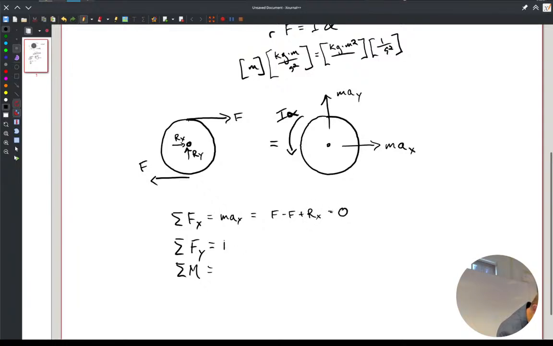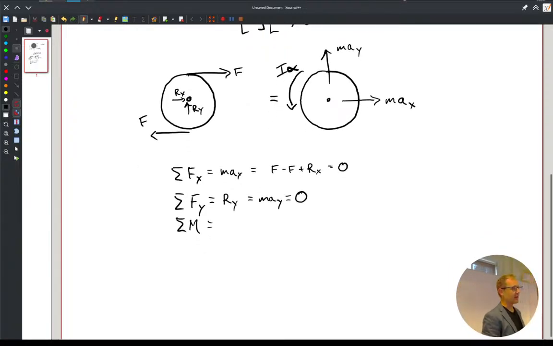Sum of the forces in y, Ry plus nothing is may, but it's a reaction force, so unless there's already acceleration happening, Ry is 0.